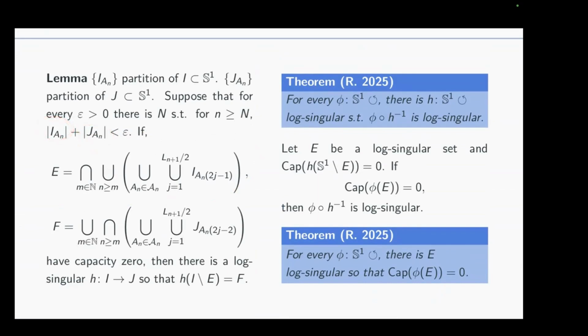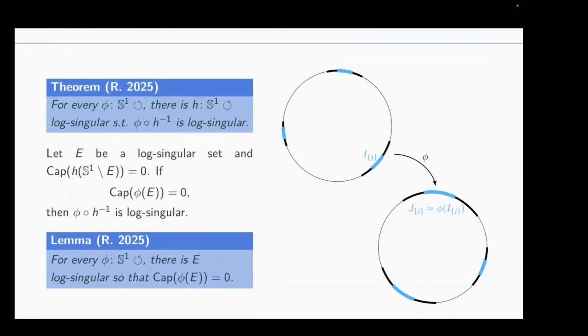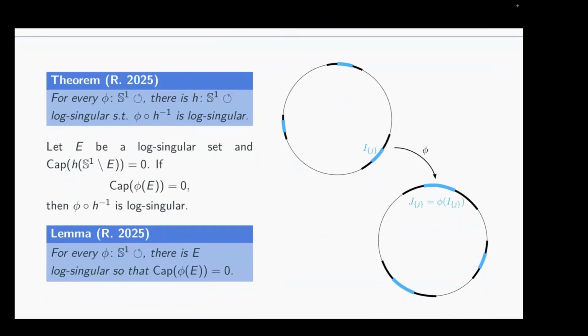Then what you can do is map it forward via your homeomorphism. But in general, since your homeomorphism can be very bad, you will get some intervals that will increase a lot their length. So if you take a random log singular set and you map it forward, you will not get in general a log singular set.